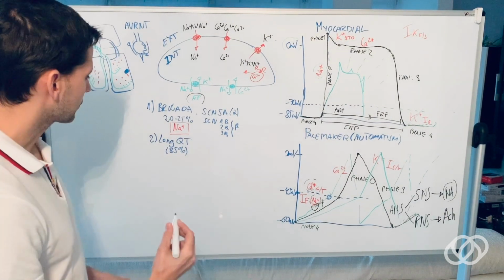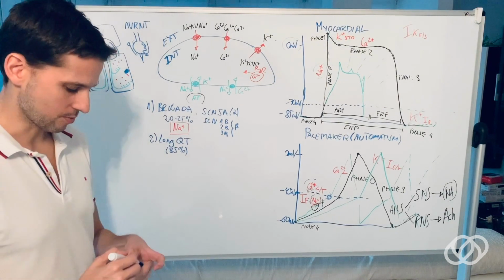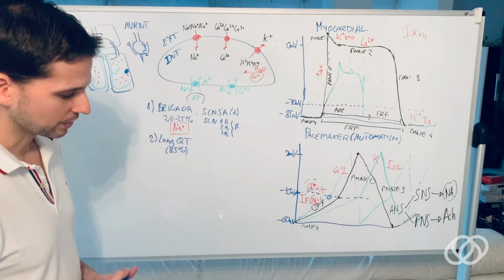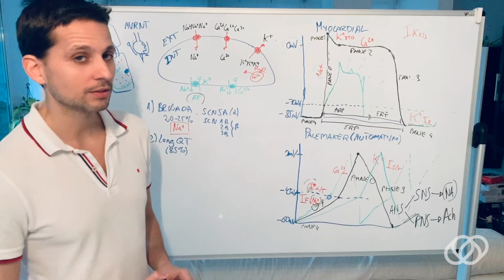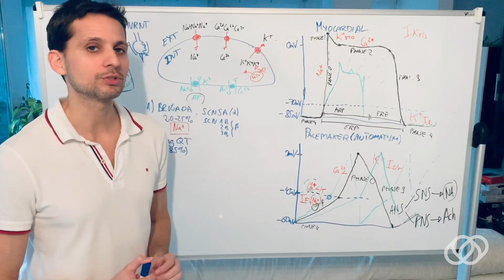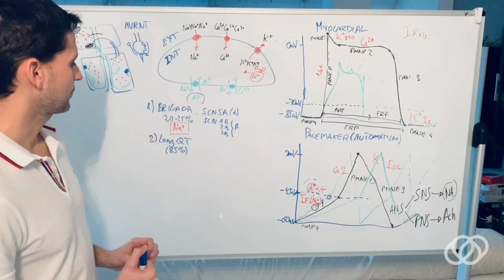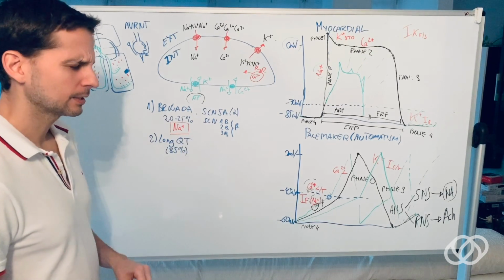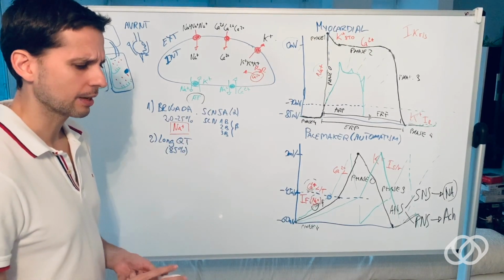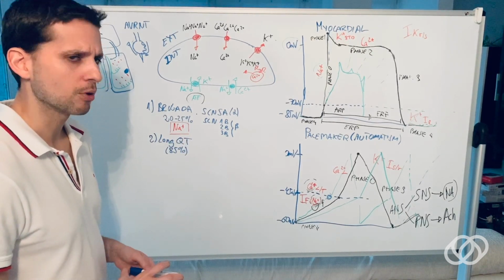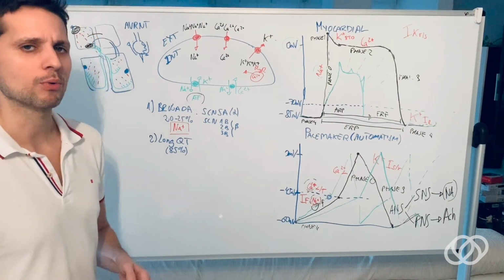Which are the genes that are usually involved? Well, here we have a lot of types, up to 19 types of long QT syndrome. And here we are going to describe only the three that are more frequent, type 1, type 2, and type 3.